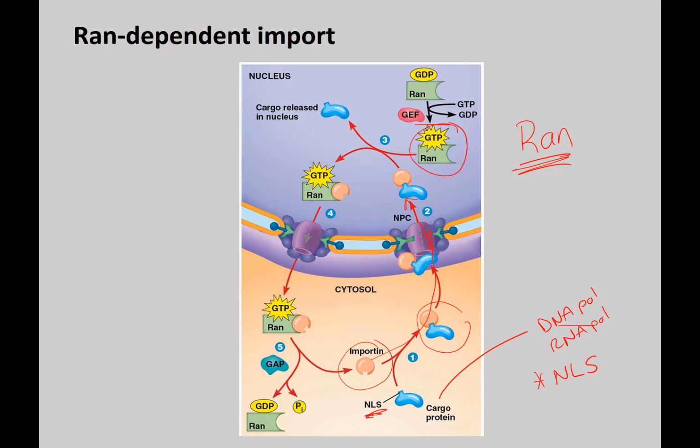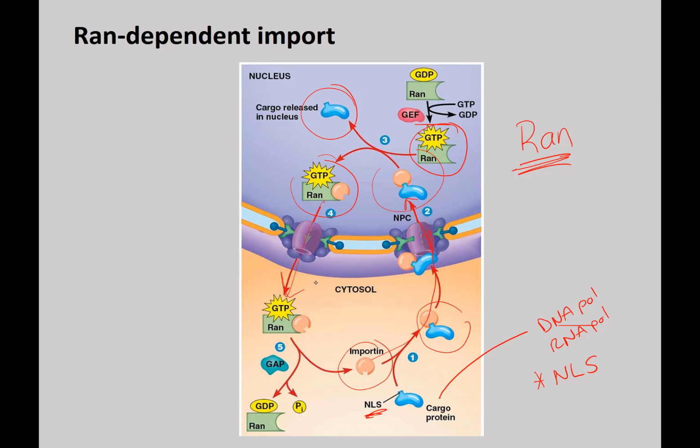You can see RAN is bound to GTP. So sometimes our cell uses GTP for energy instead of ATP. RAN interacts with this importin and cargo protein. RAN binds importin, releasing, say, DNA polymerase into the nucleus.